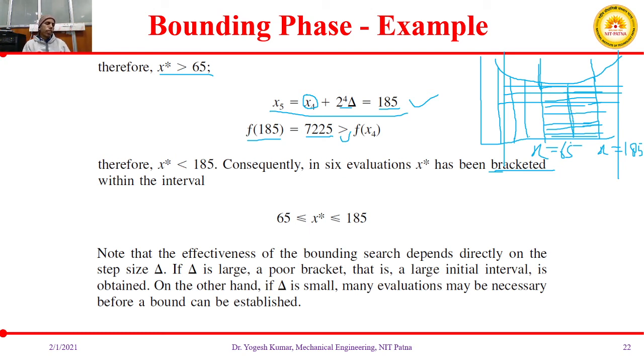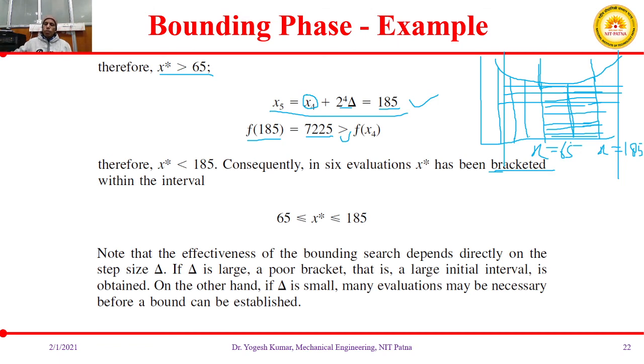Okay, so what is desirable is that we have to make a balance. Why should we make a balance? Because if you take the step size very large, then the span of your bounding phase will be too large.